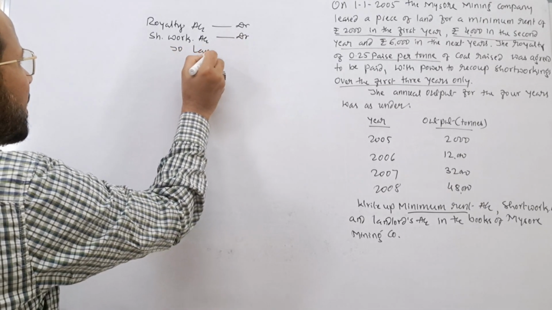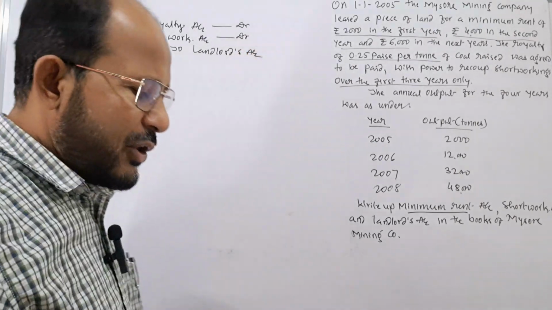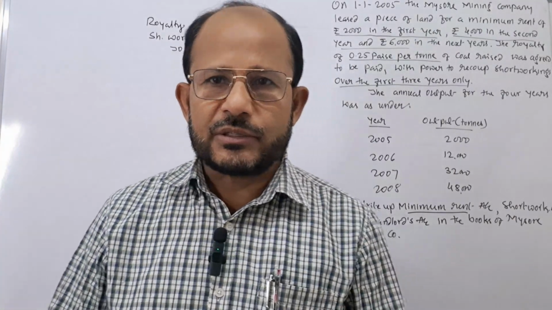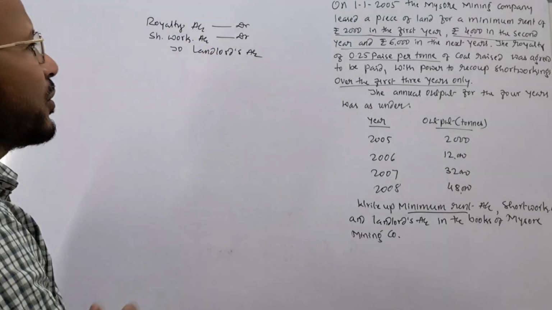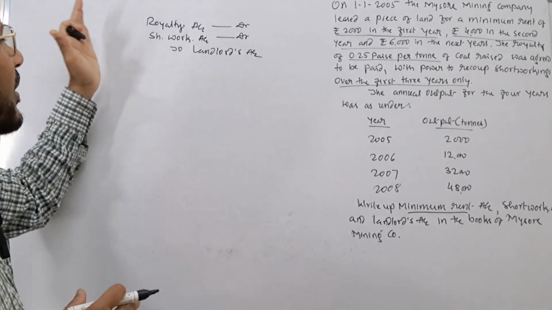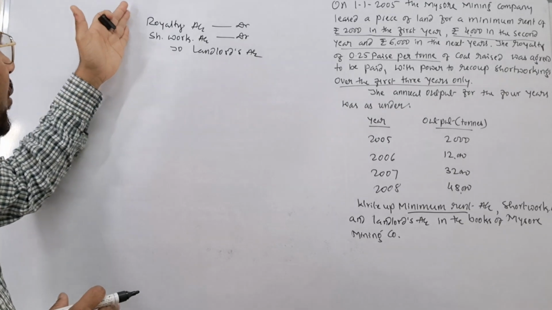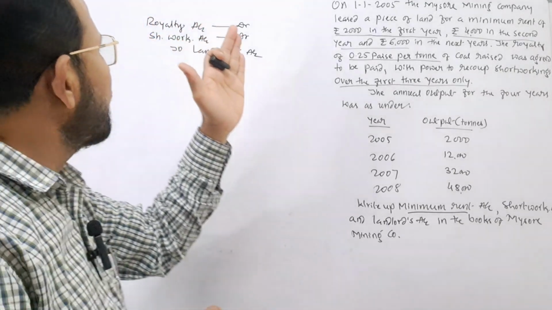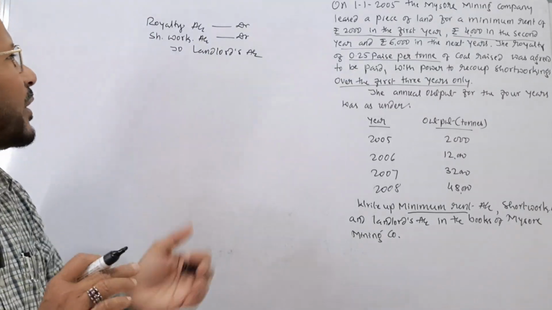Next, to landlord's account. This is the usual entry which we used to pass in our previous problems. The problems which we solved so far, in such problems we pass this journal entry as the first journal entry. Whenever the royalty was payable, the journal entry is royalty account debited, short workings account debited, and landlord's account credited.